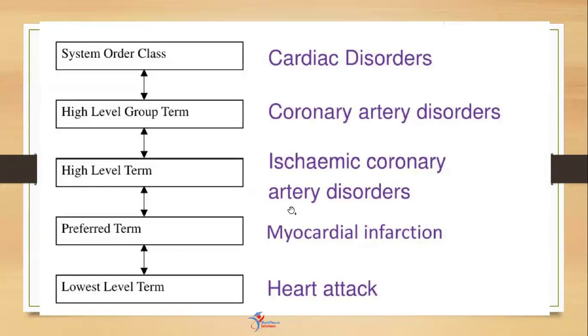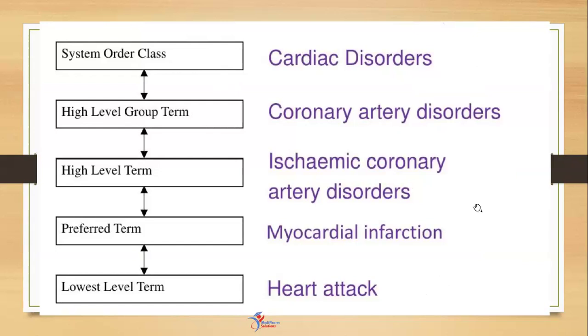And this myocardial infarction will be grouped to ischemic coronary artery disorders, which will be further grouped to the high level group term of coronary artery disorders, which will further be grouped to the system organ class of cardiac disorders.